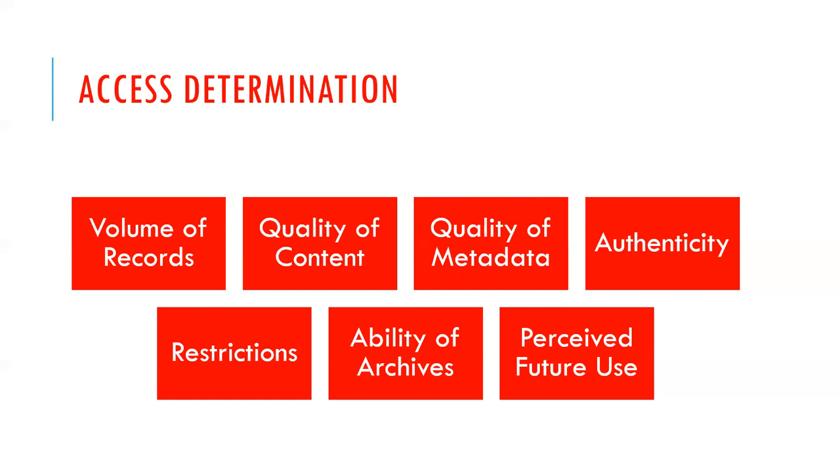So again, the volume of records. If a collection has a huge amount of records, it's going to be more difficult and labor intensive to digitize an entire collection that may have thousands and thousands of records. That may lead you to think, okay, we'll just pick out the most important parts and digitize those and not worry about the other stuff so much.